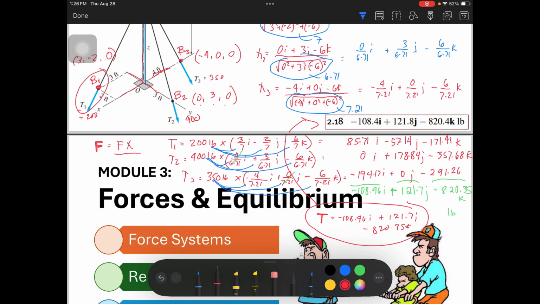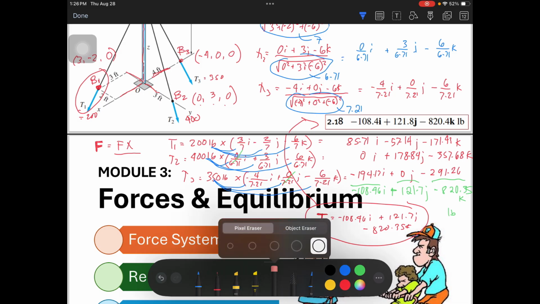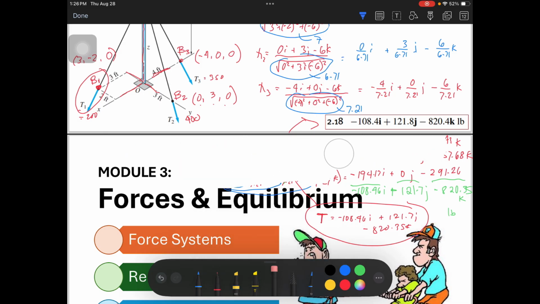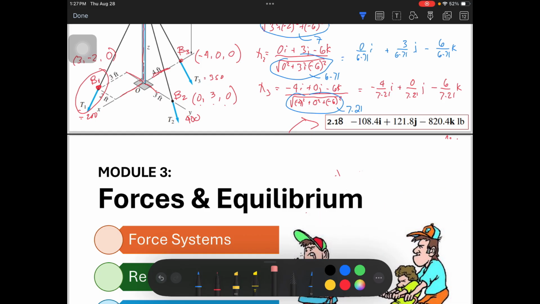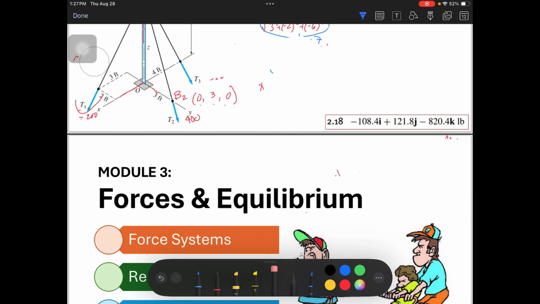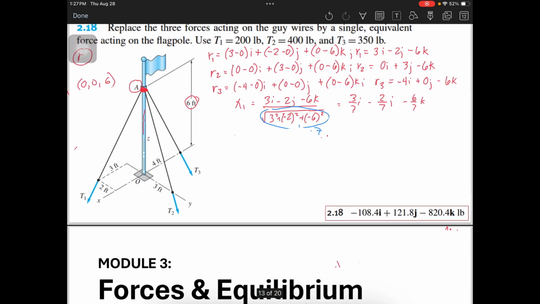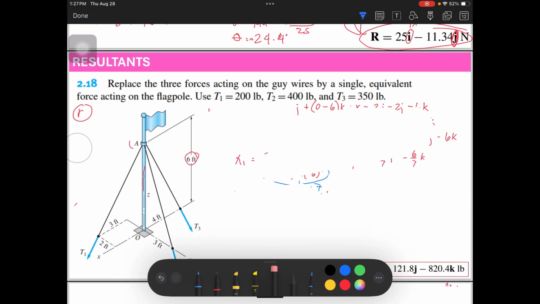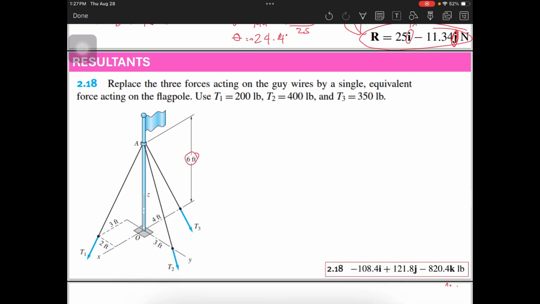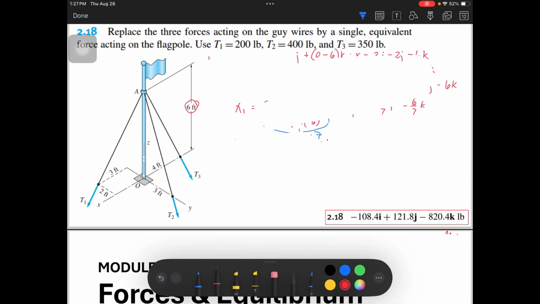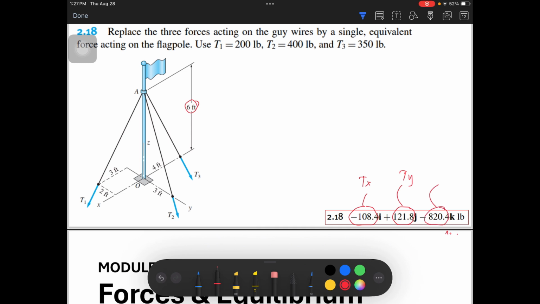So don't forget, let me erase pala muna. So eto na siya. So, etong kasama na to is your TX. Yung kasama niyang to is your TY. At yung kasama niyang to, and syempre including si sign, no?